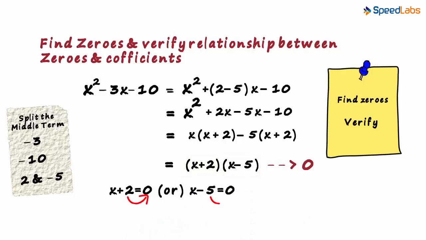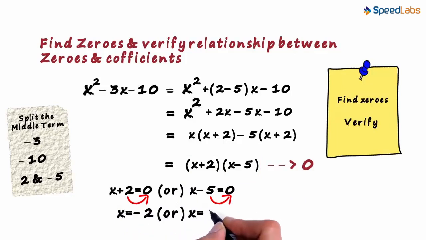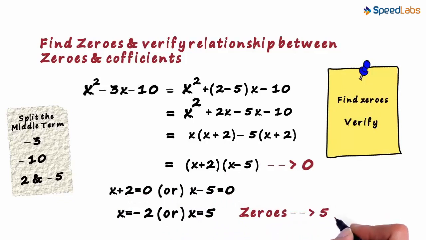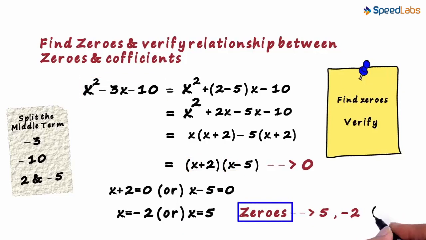Transposing 2 and minus 5 to the other side, we get x equal to minus 2 or x equal to 5. So the zeros are 5 and minus 2. If we put either of these two values in place of x, we will get the value of the polynomial as 0. The zeros are also sometimes referred to as the roots of the polynomial.